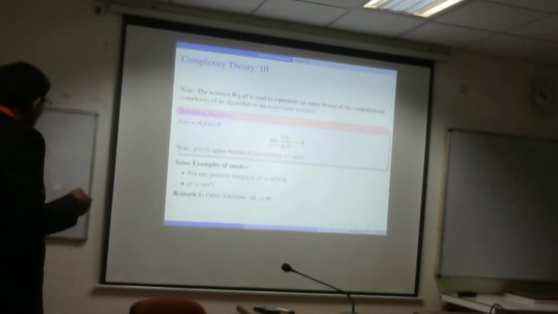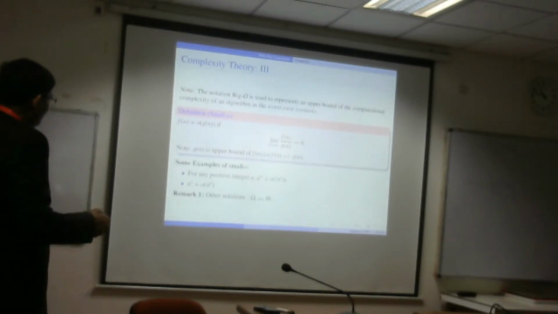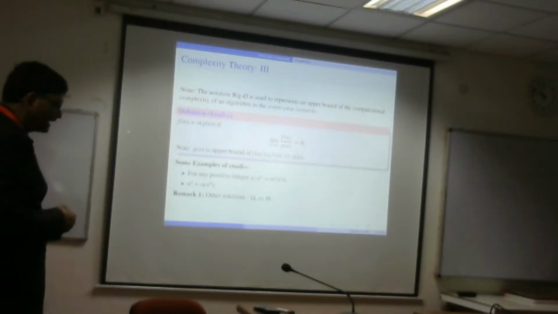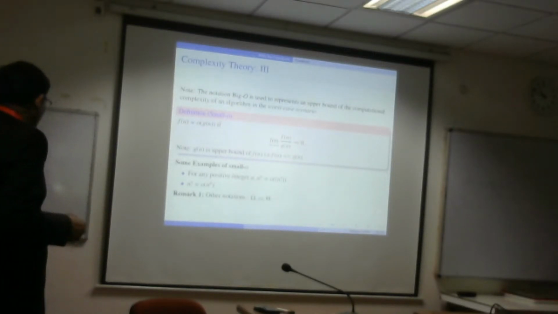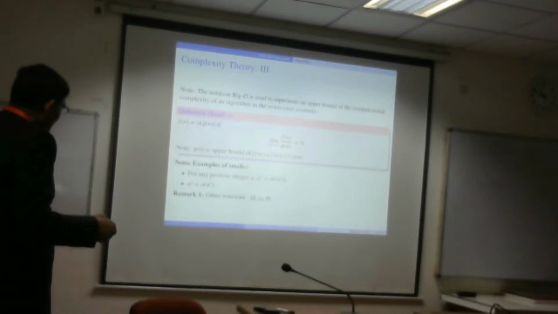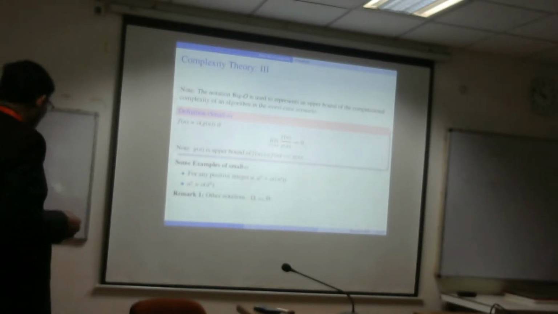Now the small o notation. Small o notation means that the g function is growing very fast in comparison to the f function. That means the limit of f(n) upon g(n) tends to 0 as n tends to infinity. We call g(n) an upper bound of the f function, where f(n) is very much less than g(n).